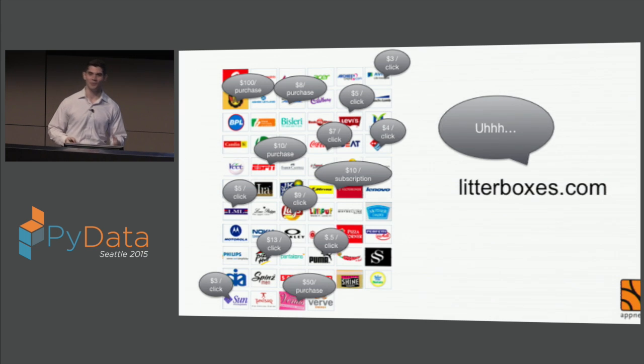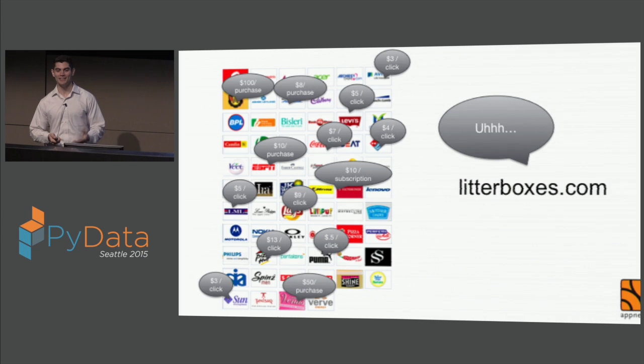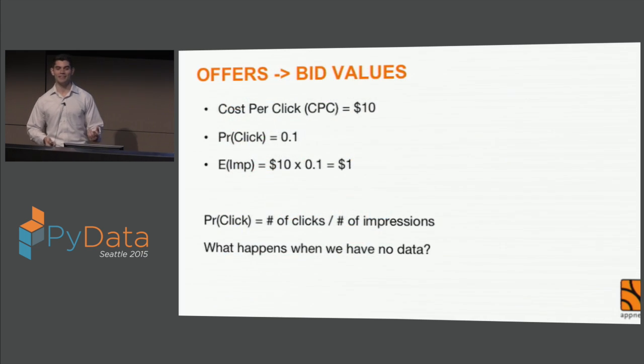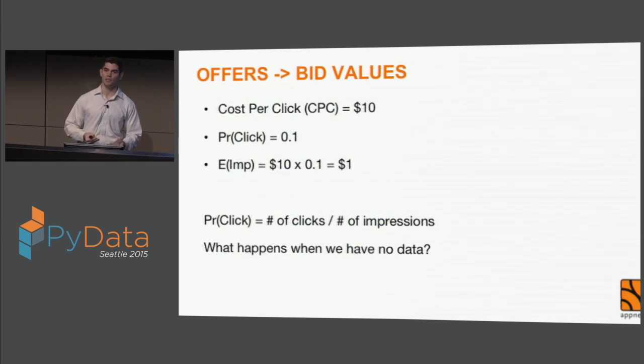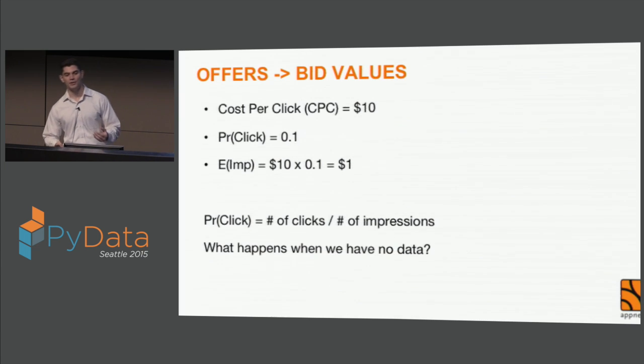So in a very ideal world where AppNexus is this omniscient being, we would know exactly when a user would purchase based on an ad. Unfortunately, we're not this all-knowing being, so we can't do that. The next best case scenario is if we knew the probability for which an event happened.